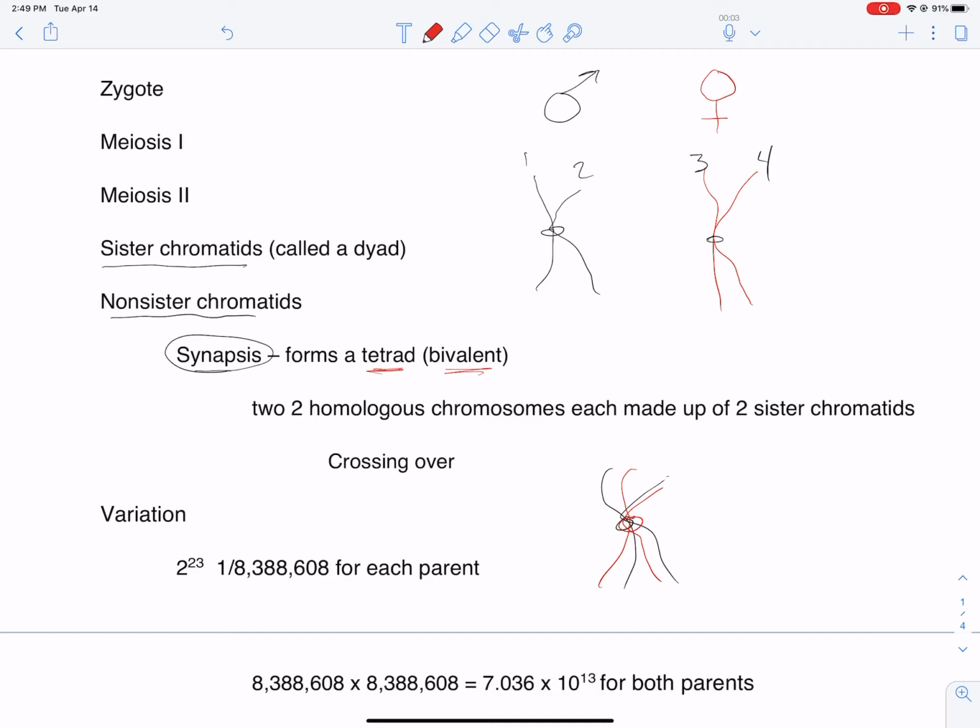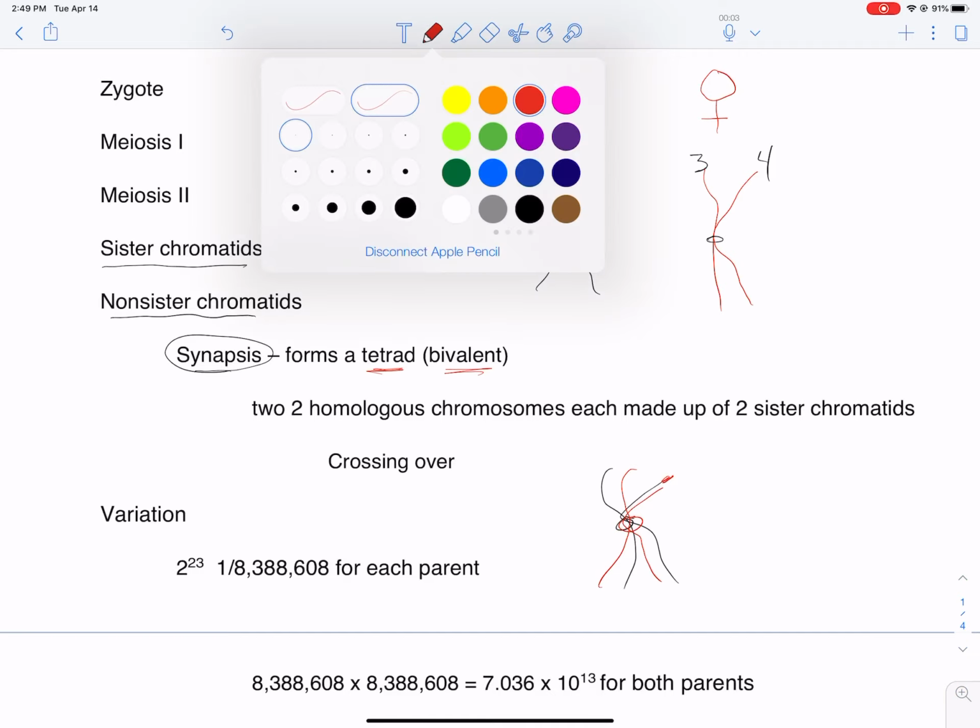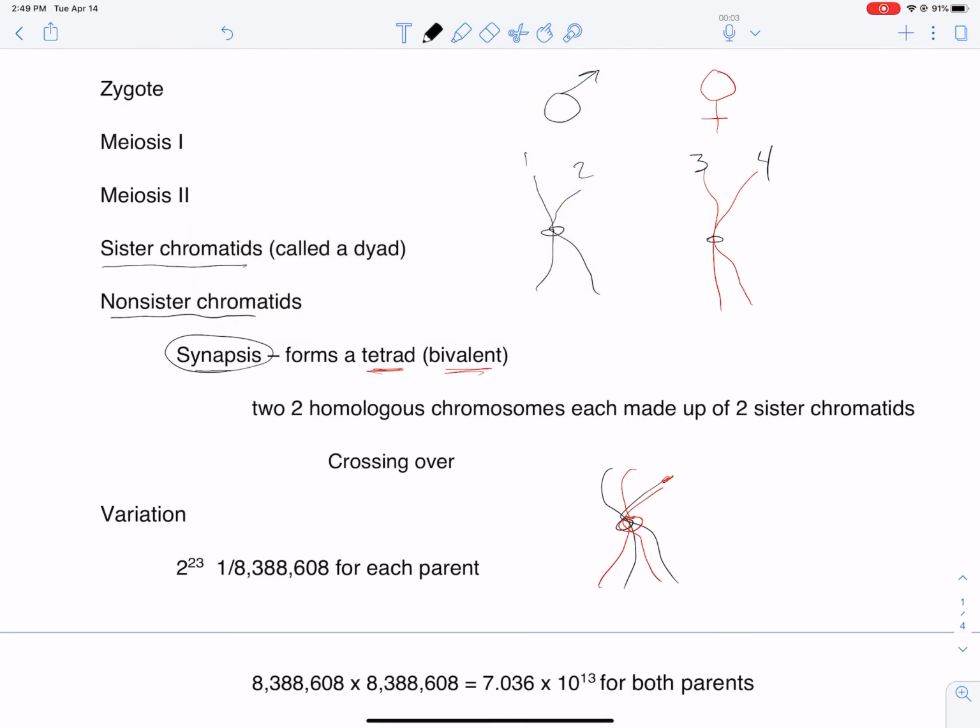So a little chunk of the red would go on the black, and then a little chunk from the black would go on the red. That process is called crossing over. We'll take a better look at that tomorrow. Okay.